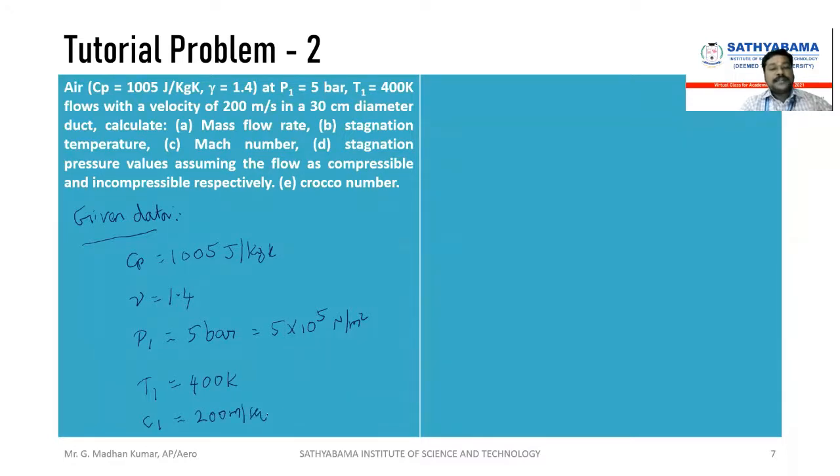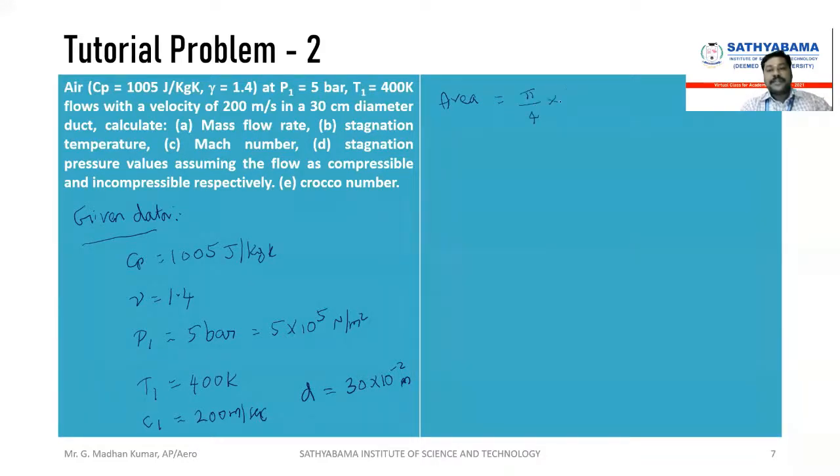And then diameter of the duct, right? So D is nothing but 30 centimeters, so 30 into 10 to the power of minus 2 meters. Yeah, Sebastian is advanced in giving the answers. So what is the area? From the given data itself, you can find the value of the area. Area is pi by 4 D square.